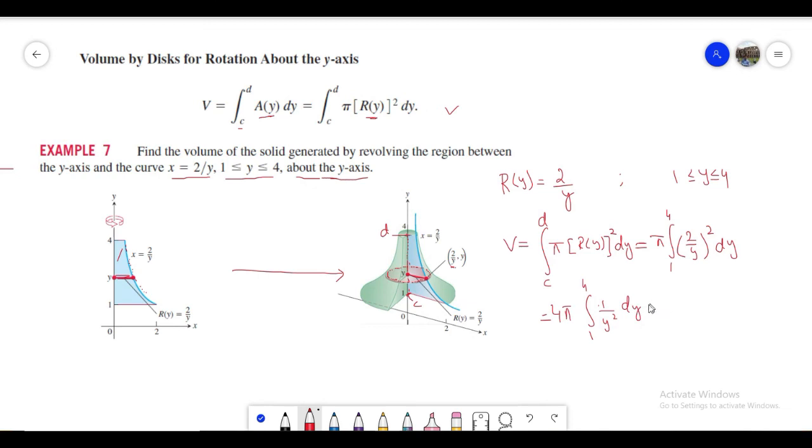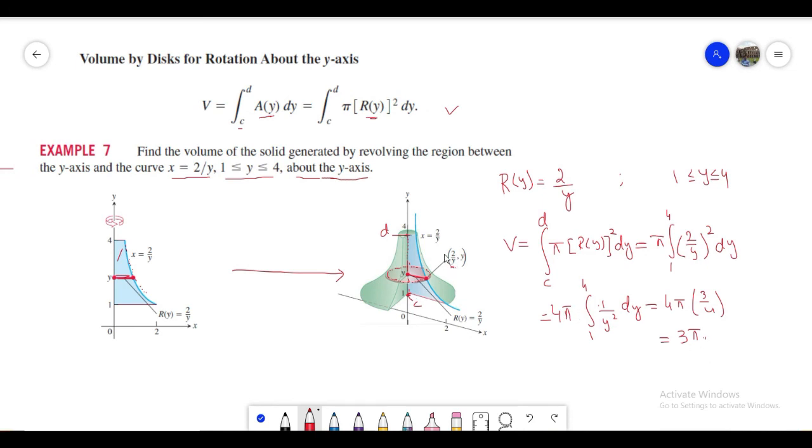All together, this gives 4 pi times the antiderivative, minus 1 over y. I'm just going to write the direct limits, 3 by 4, and all together you will get the answer 3 pi. So the volume of this solid from 1 to 4 is 3 pi.